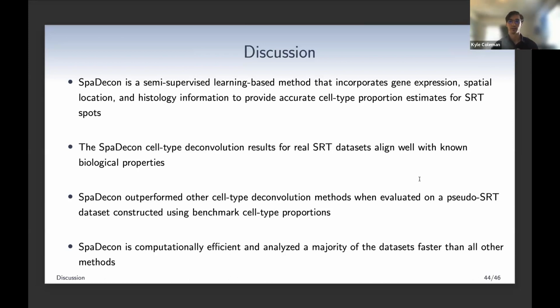Also, SpaDecon outperformed other cell type deconvolution methods when evaluating a pseudo SRT data set constructed using benchmark cell type proportions and resembling a real SRT data set. And then finally, SpaDecon is computationally efficient and analyzed a majority of the data sets faster than all other methods that we evaluated.